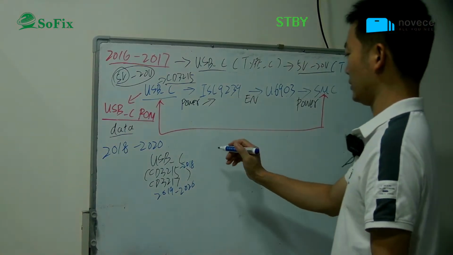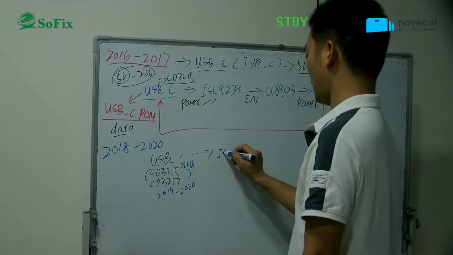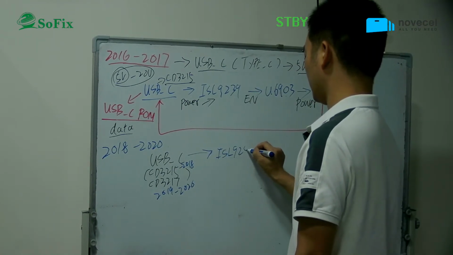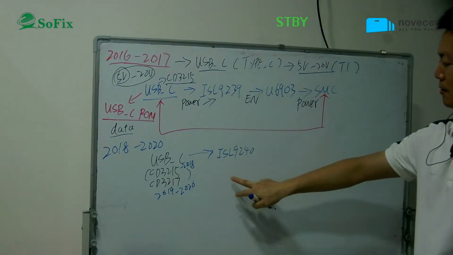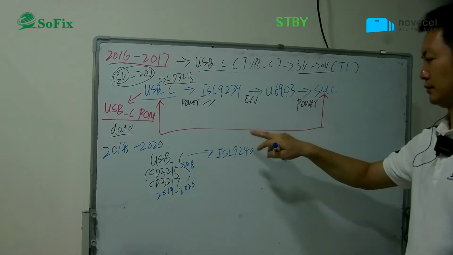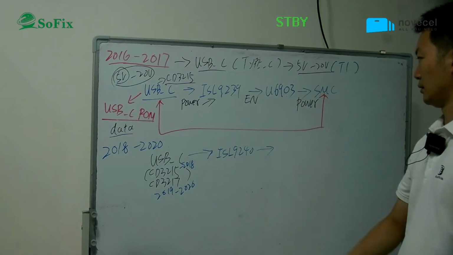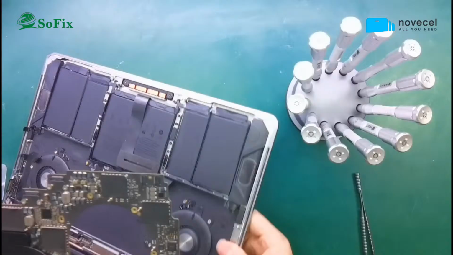So now the USB-C chip controls the charger IC. The charger IC is also different. Before, it used the 9239; the T2 model uses the 9240. Then they also provide the enable to this IC.